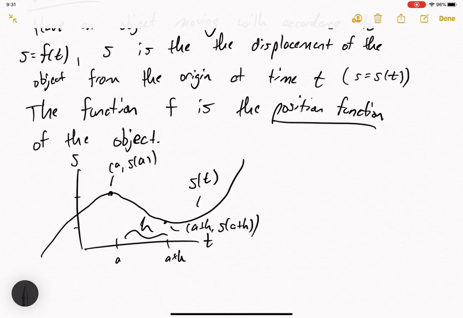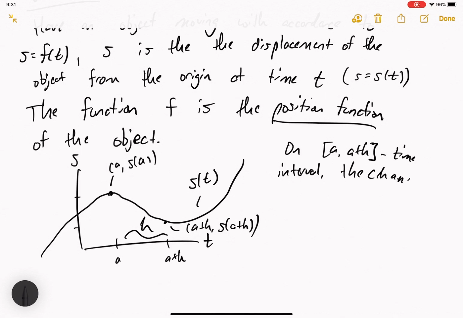So now let's actually try to use this to find the average velocity. Let's say a to a plus h is going to be our time interval. We have the change in position, which is a change in y, or change in s of t.